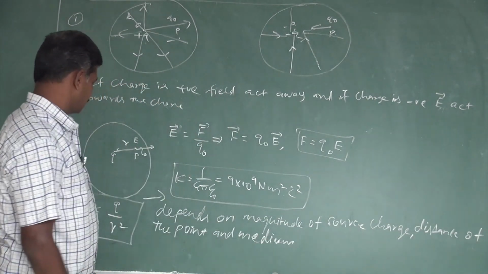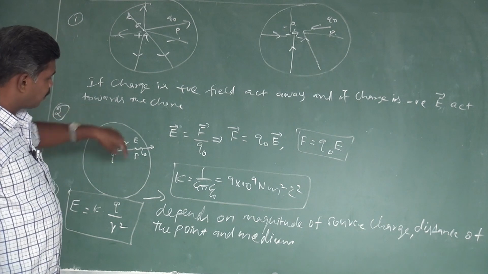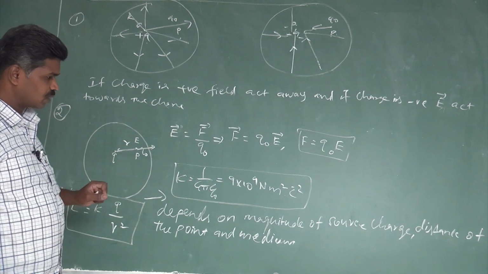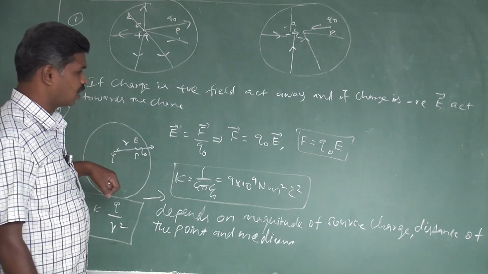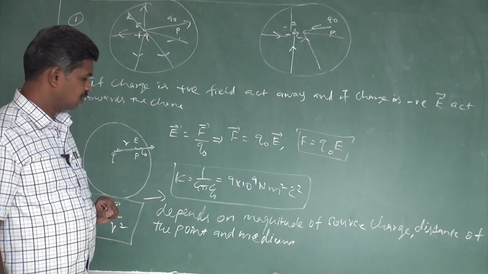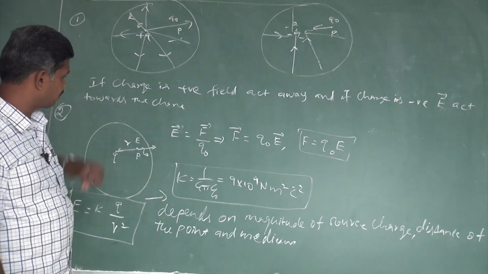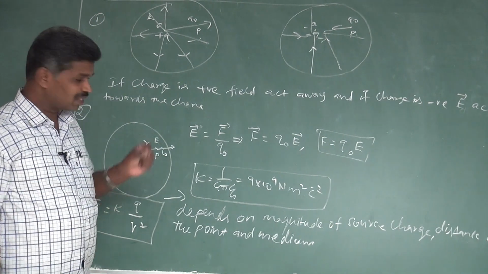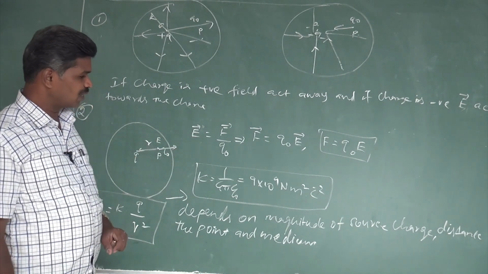Okay, the electric field intensity at a point in an electric field depends upon the magnitude of the charge, that is called the source charge, the distance of the point where we are finding the field, and the medium. If it is air medium, the constant value is this.